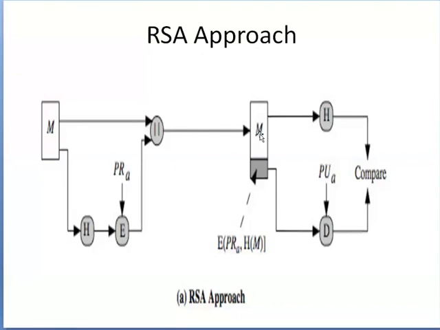At the receiver end, what is the receiver going to get? The message and the encrypted message, which contains the hash key. Now we need to authenticate that A is the only one sending this message. So how do we authenticate?